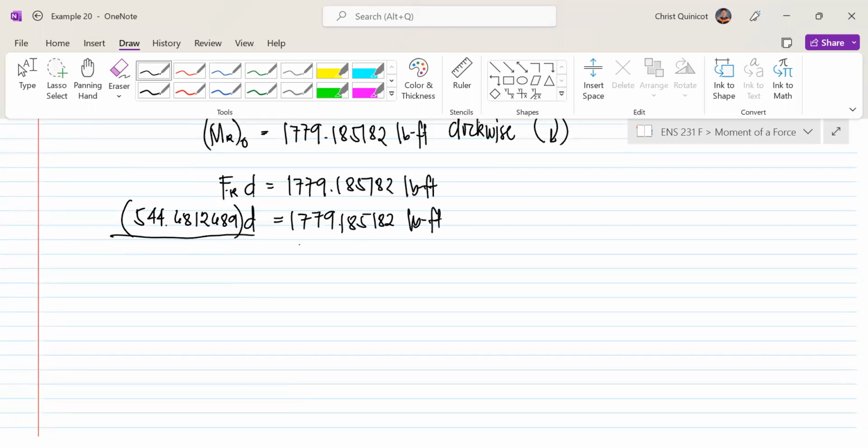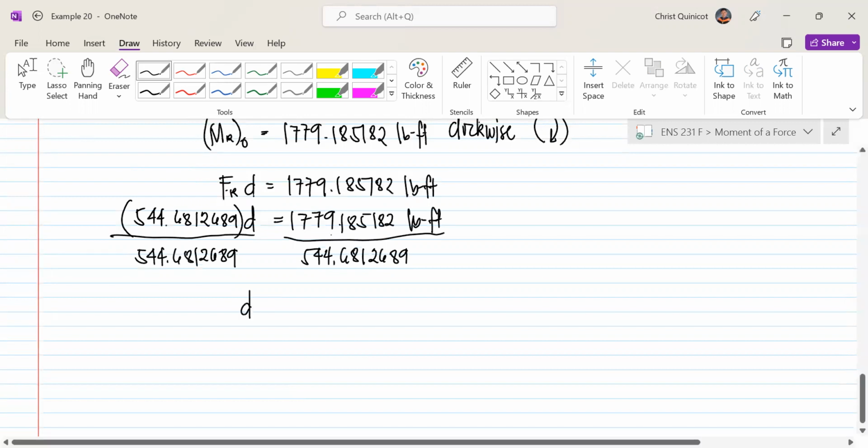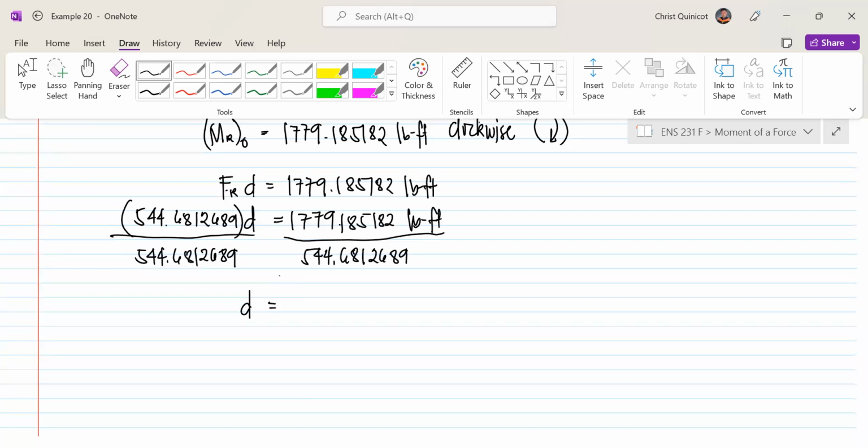Divide both sides by the constant in the left side, 544.6812689.